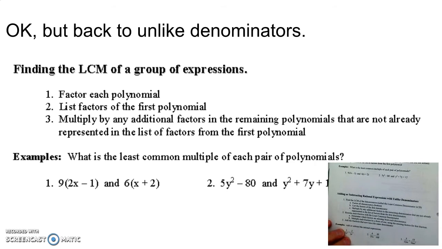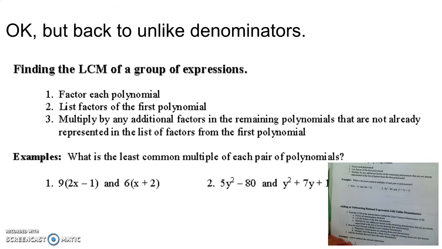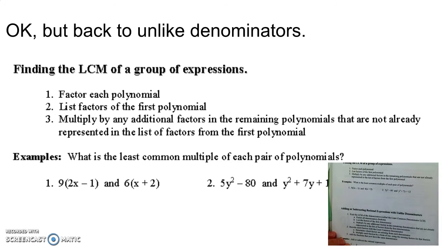unlike denominators. We need a least common multiple. And we remember back to adding and subtracting fractions, our middle school teacher probably had us make a list of multiples. And we looked for the smallest number that was in all the lists, and that was our LCM. We're going to do a similar type thing to another way that you learned how to do LCMs.